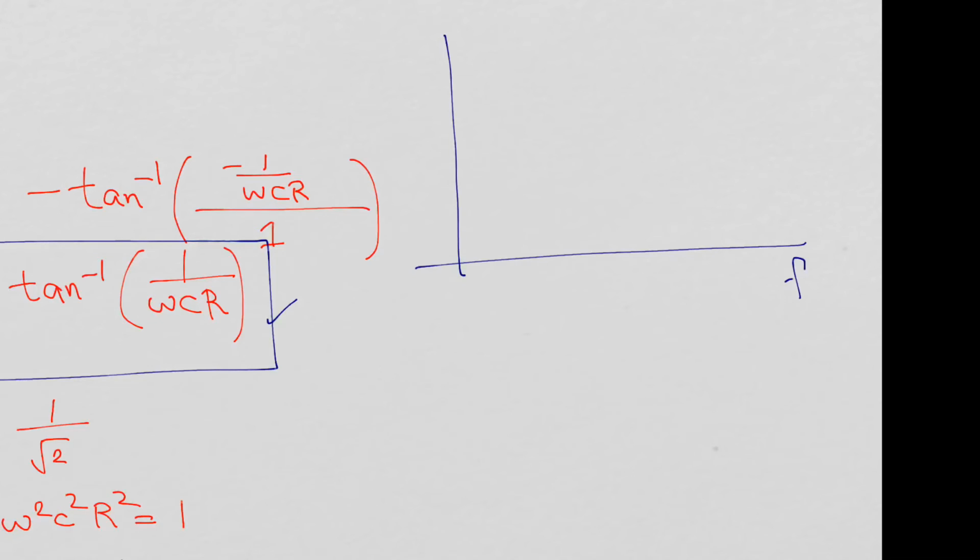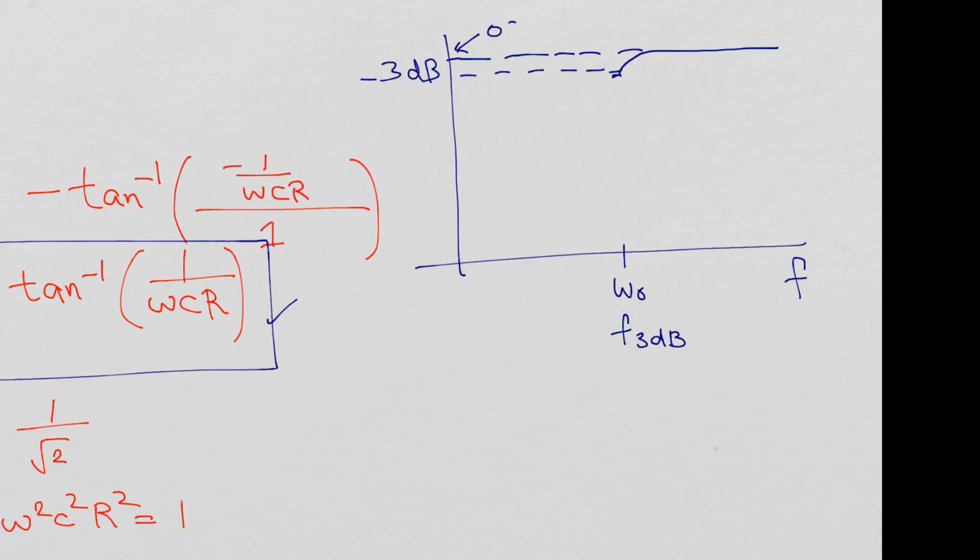Now let's see how the Bode plot for this will look. If you draw magnitude with respect to frequency, you have omega naught here, which is the frequency f3dB. At this point we know that it's minus 3 dB. After that it increases and goes to 0 dB at higher frequencies. If you take an example and calculate, you will get this for this high-pass filter.